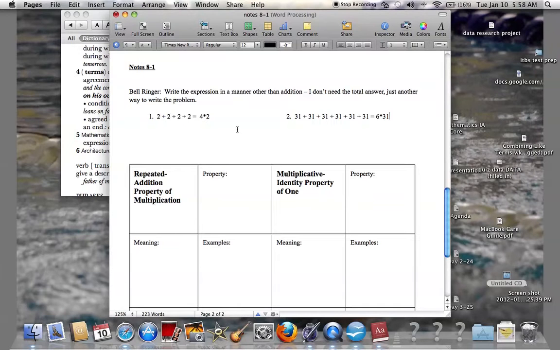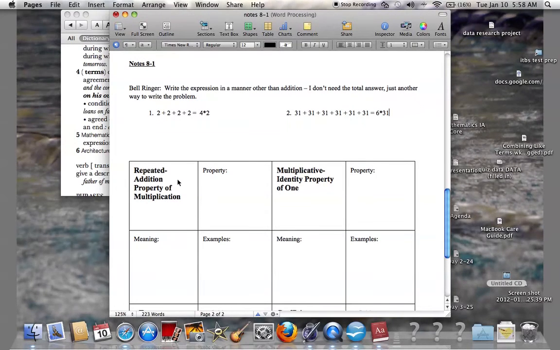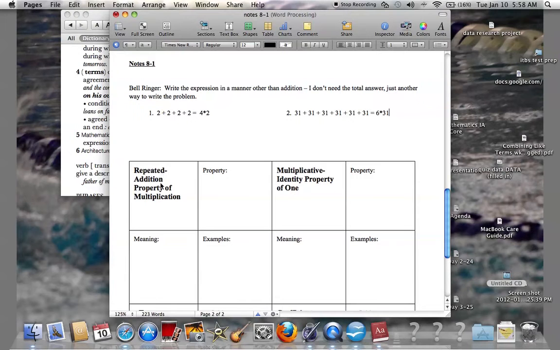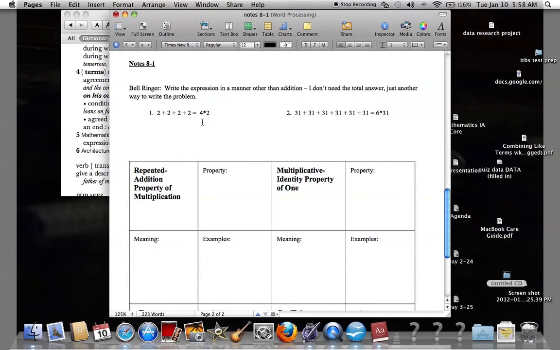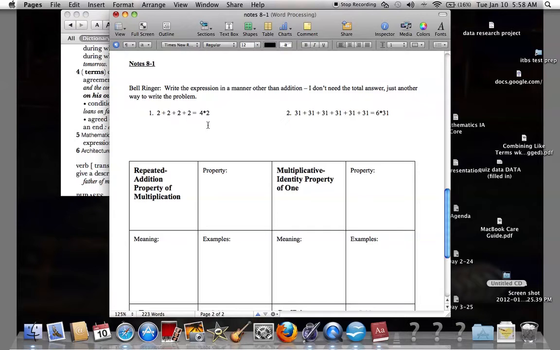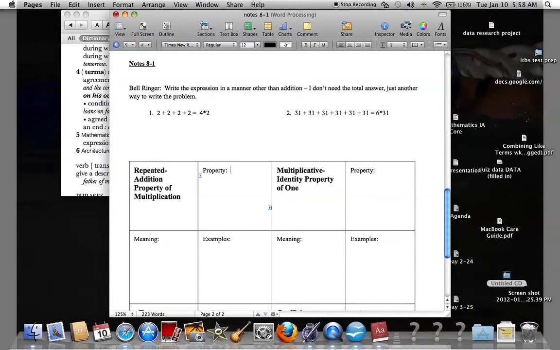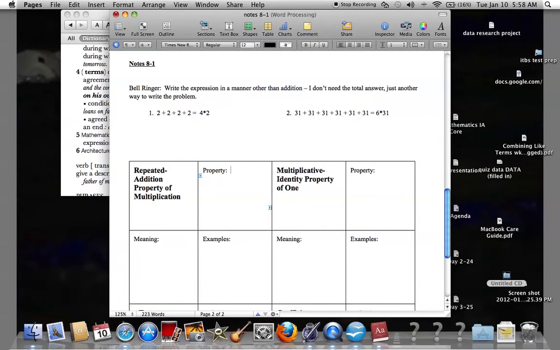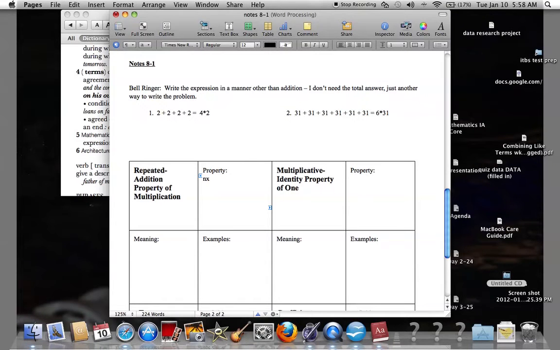So remember that concept as we move into our first property, which is called the repeated addition property of multiplication. I think this is going to go along very well with what we just talked about. Repeated addition, that's what we were doing. We were repeatedly adding a number, but it's also a property of multiplication. What this property states is that if I had nx, that means I'm taking n times x.